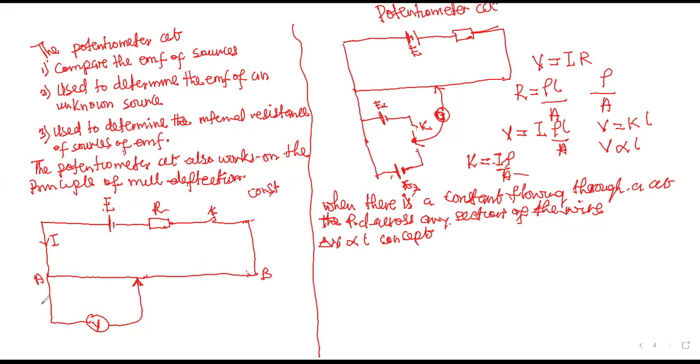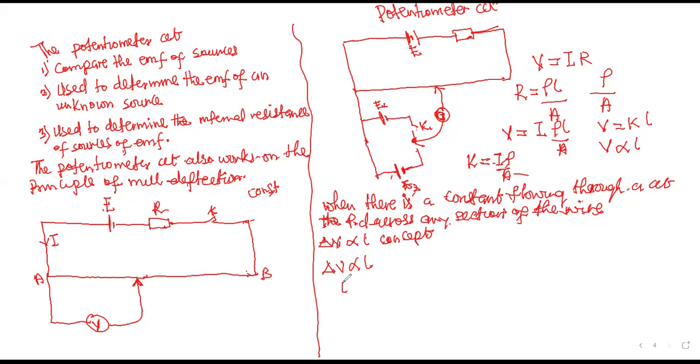And so when you connect a voltmeter across any length of the constant wire AB, the voltage drop, which is the voltmeter reading, must be directly proportional to the length of the wire, meaning that as the length of the wire increases, the voltage drop also increases. So this is what we investigate during practical.